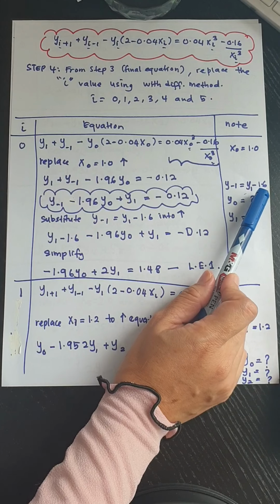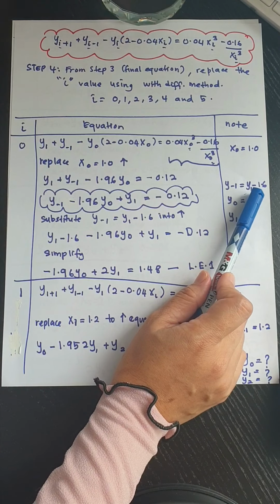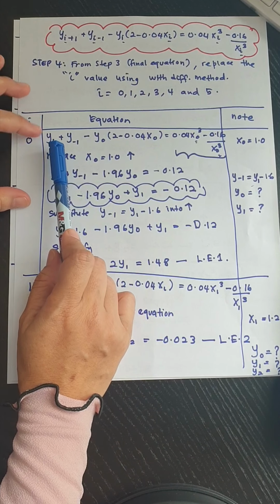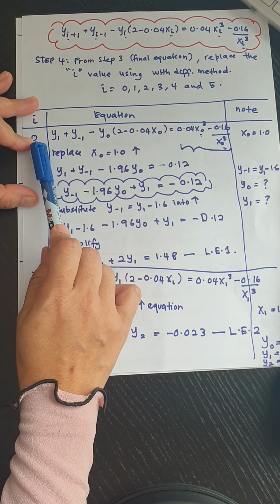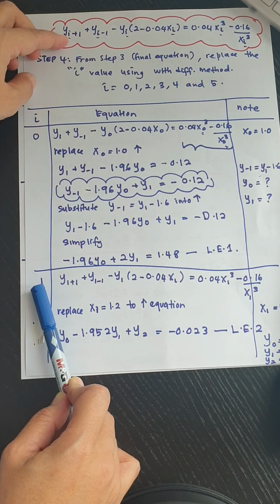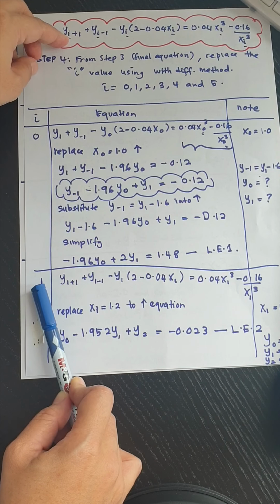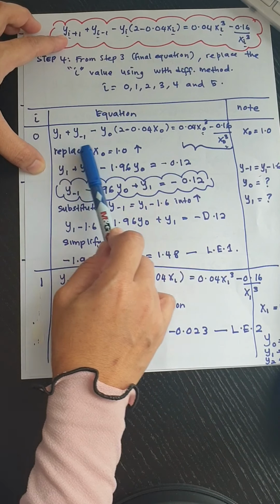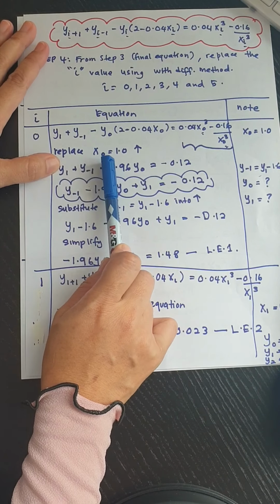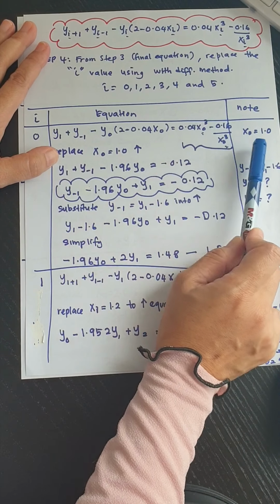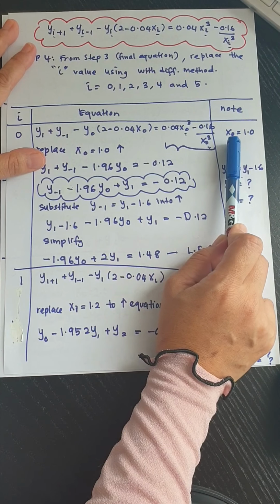So what you have to do, in each step, is replace the I value according to the respective I in the final equation at step 3. Replace all the I values, and then replace the x value that you have over here, bring it out to the node.